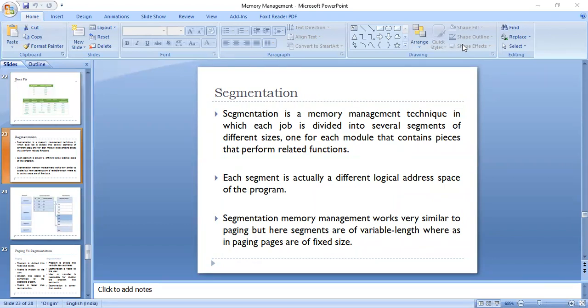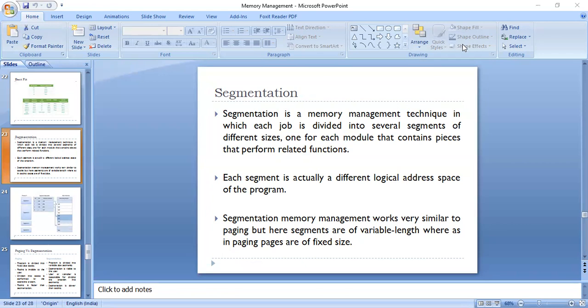So segmentation is different as compared to the paging technique. If we are talking about paging, the pages are physical in nature and hence are fixed in size. Whereas if we are talking about segments, segments are the logical divisions of a program and hence they are varying in their sizes.